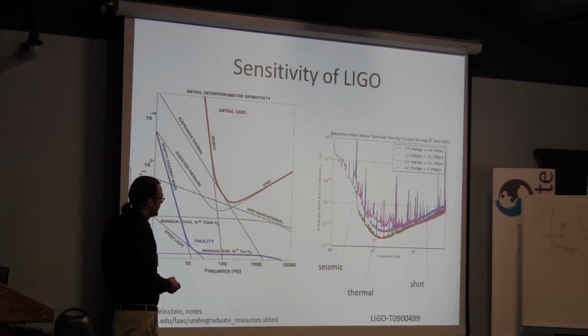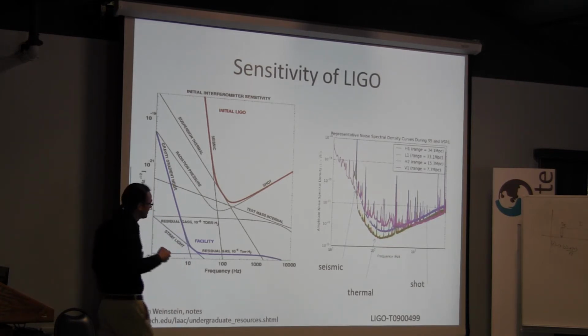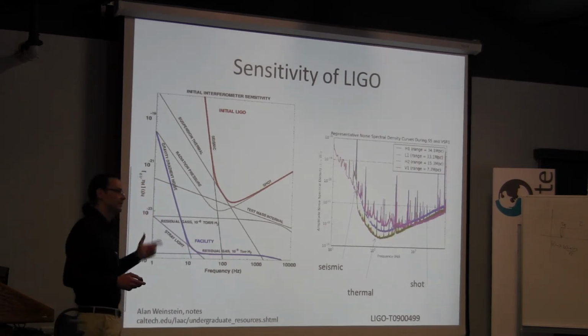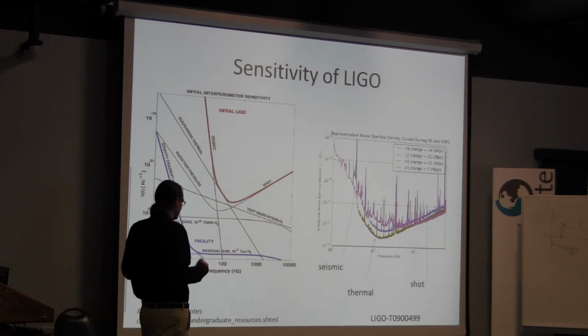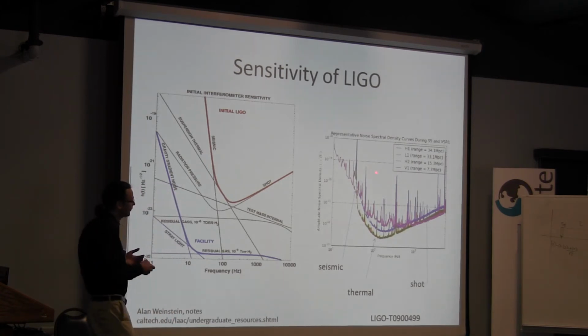Above, say, a couple hundred hertz, the strain sensitivity is limited here by photon shot noise. So the cavity has some length, there's a finite amount of time light is stored in the cavity. Right? So the cavity has some line width. The cavity pole frequency comes right around 100 hertz.